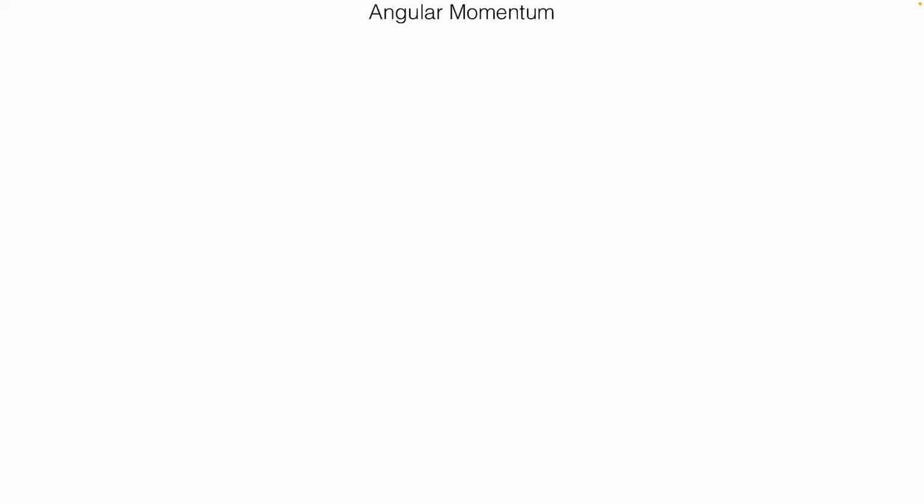We'll do rmv to make it look the same, and then I put in all the same numbers, and I still get 40. So whichever way you want to approach a problem, whether you use I omega or you use r cross p, if you apply them correctly, you're going to get the same answer.